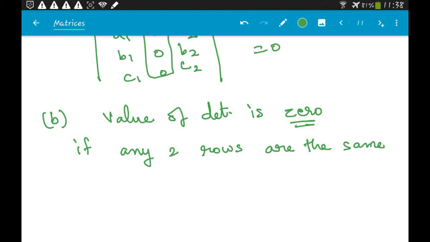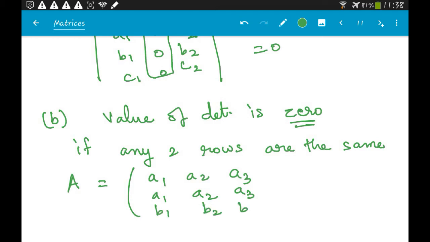So the value of the determinant is also 0 if any two rows are the same. Basically, if A has rows A1, A2, A3 and A1, A2, A3, B1, B2, B3, then det A will be 0 because these two rows are the same.